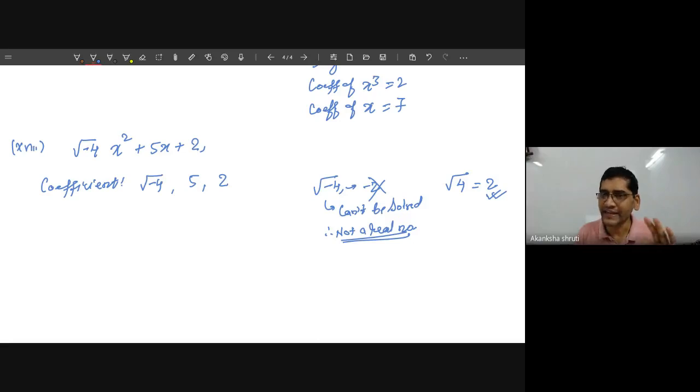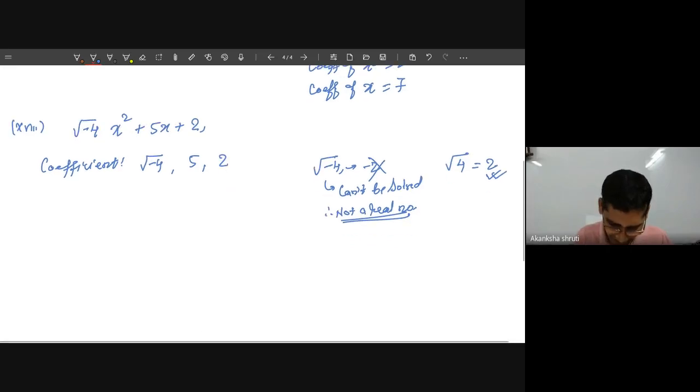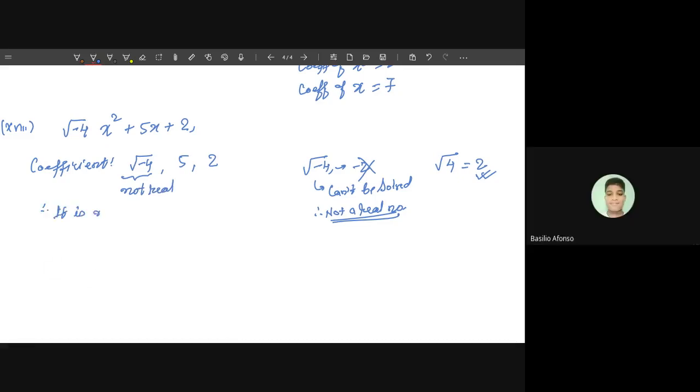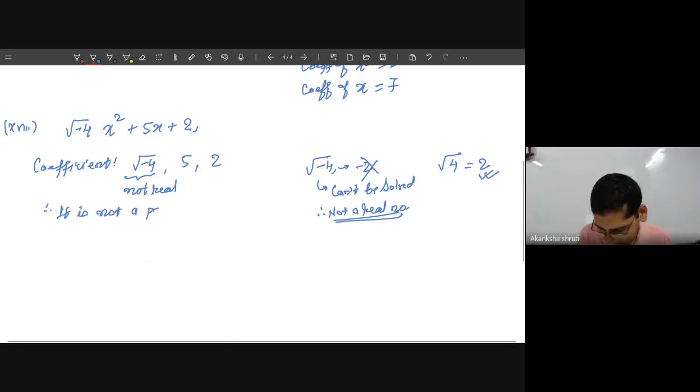The root of a negative number, which cannot be taken out, is always a non-real number or a complex number. So it is not real. Only this thing you have to search. Therefore, it is not a polynomial.